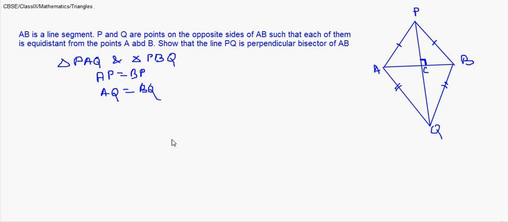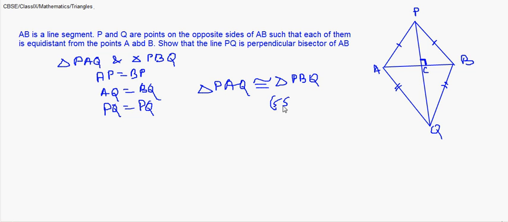Now the line PQ is common, so we write PQ is equal to PQ. Therefore triangle PAQ is congruent to triangle PBQ by SSS congruency.